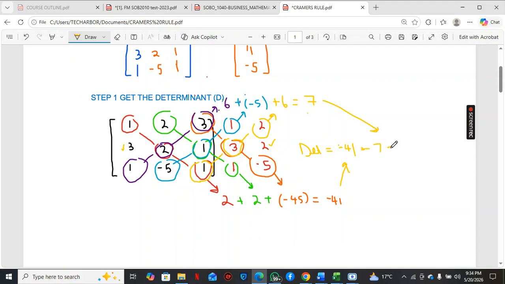That gives us -48. That is our determinant. This process of Cramer's rule, we're just going to be getting determinants and we'll be using this same process. You're just going to be multiplying the diagonals and then you get the determinant. Any questions before we go to step two?